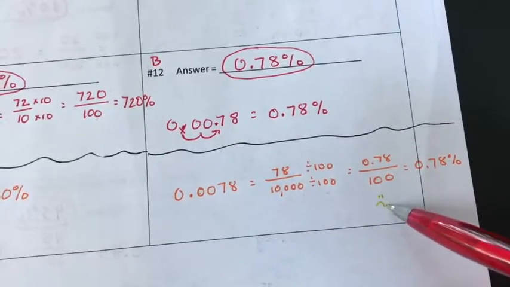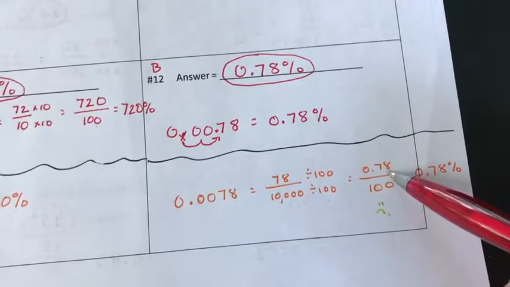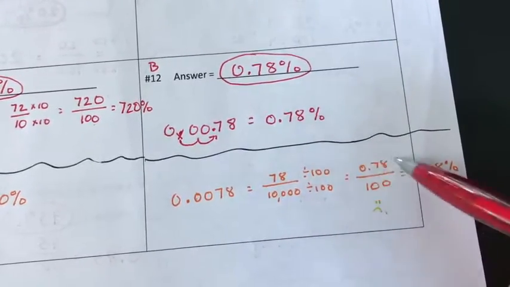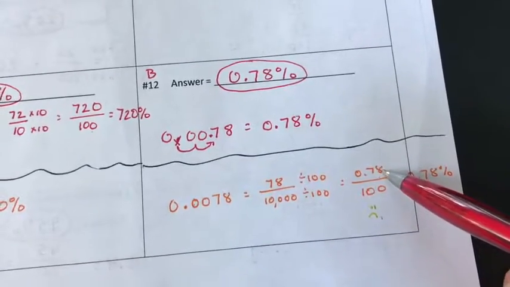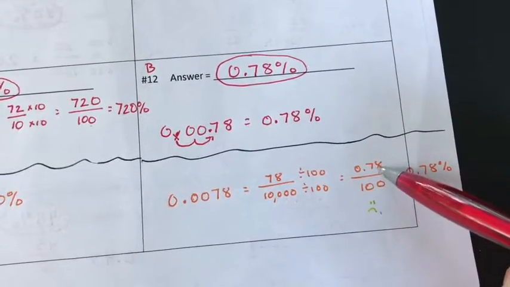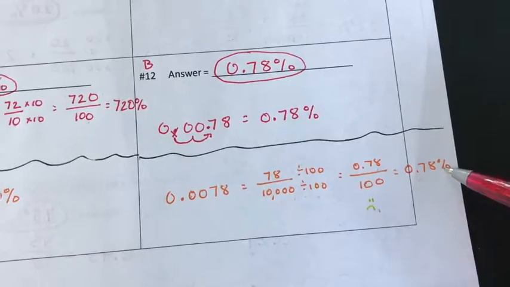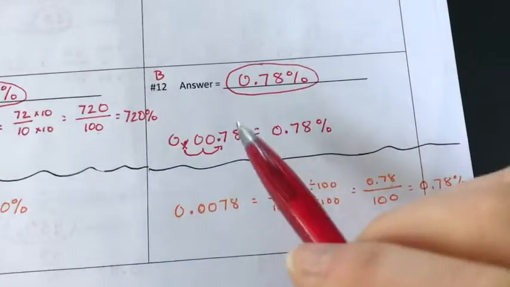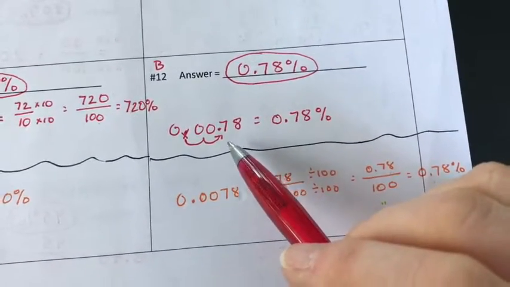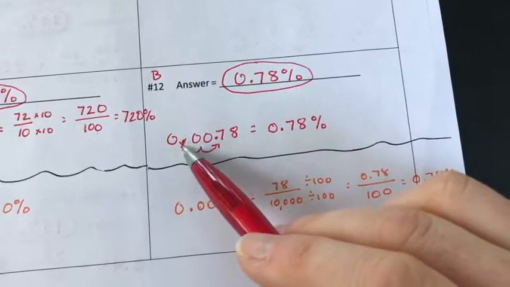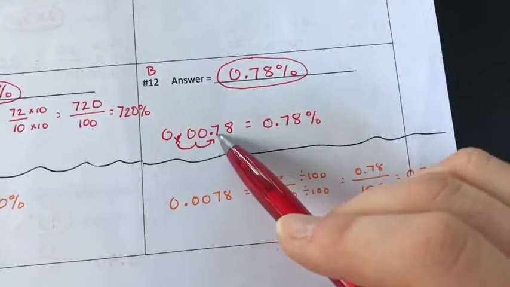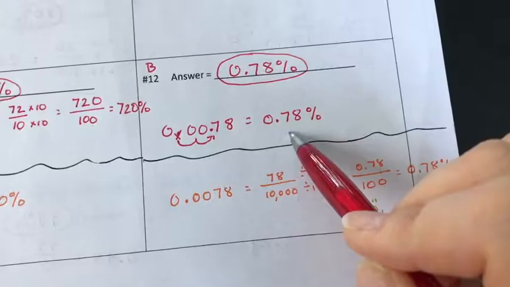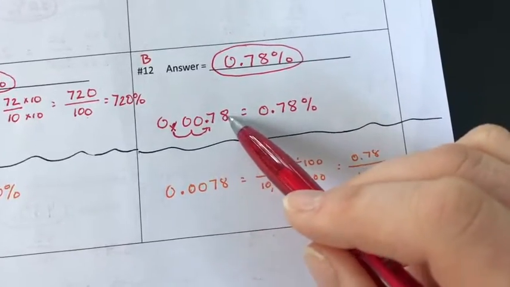It's just weird, hence my sad face, to have that decimal in the numerator. But if you think of it as 0.78 out of 100, that's 0.78%. So it kind of works. I bet a lot of you just moved the decimal. So you take the decimal from here, move it 2 to the right to turn it into a percent. So that would be 0.78%.